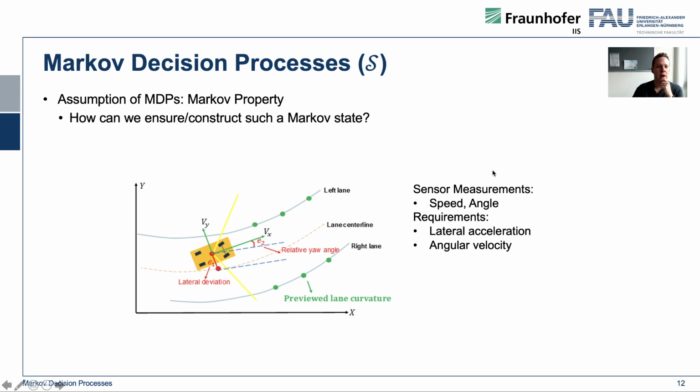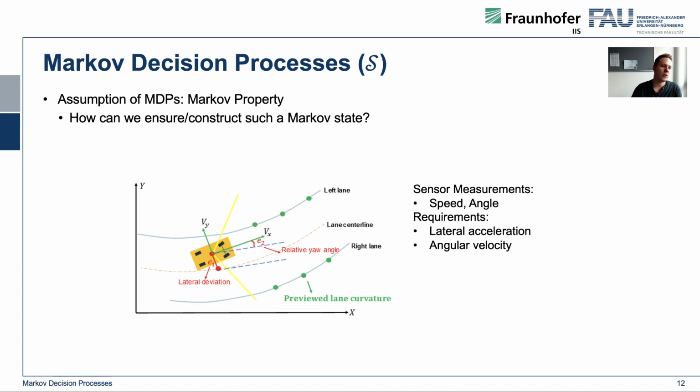Or put it a different way, you get the following measurements from the environment. You get the speed and the angle of the car, for instance, which you might say is enough to actually keep the lane. But the problem is that to come up with a current action to keep the lane, this information is not capturing everything.